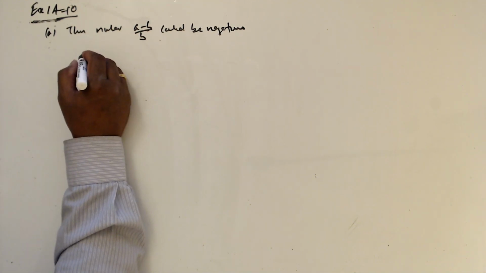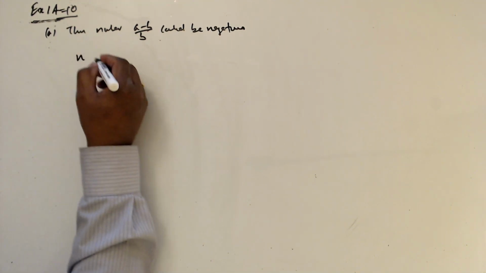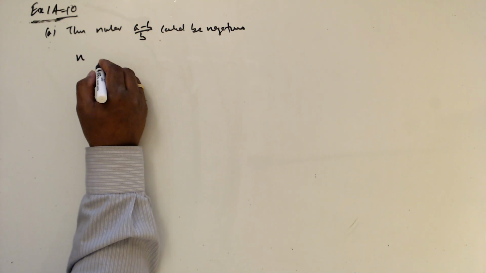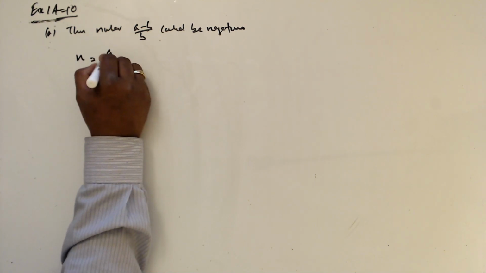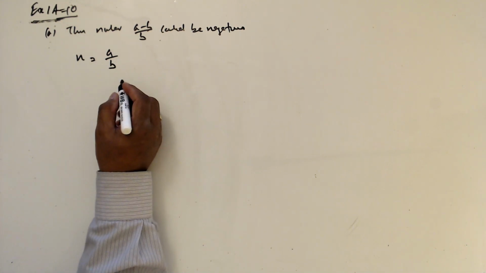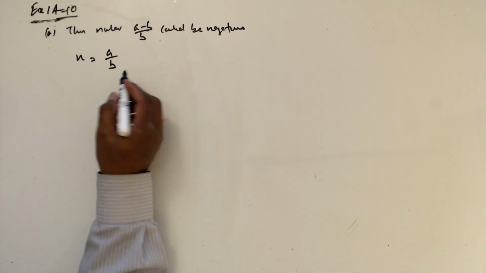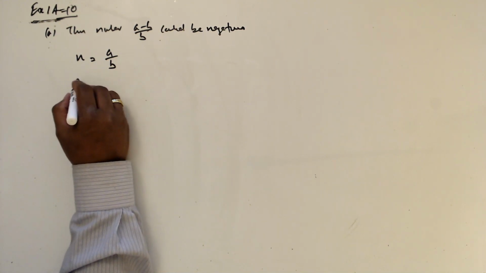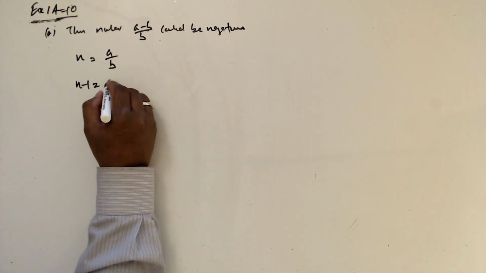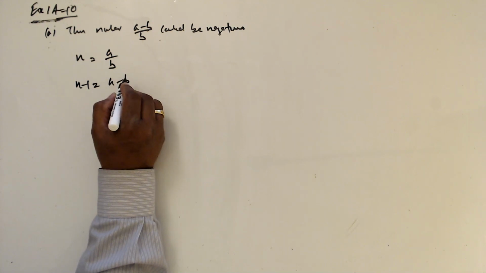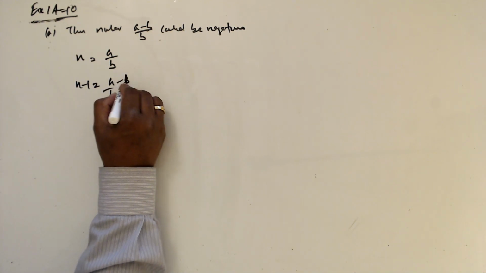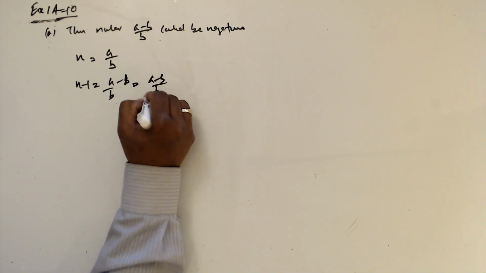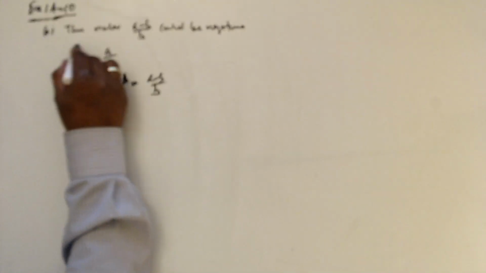He took the least positive number n, and it is a positive rational number. So he took n minus 1, that is a over b minus 1, which is a minus b over b. So this is the issue.